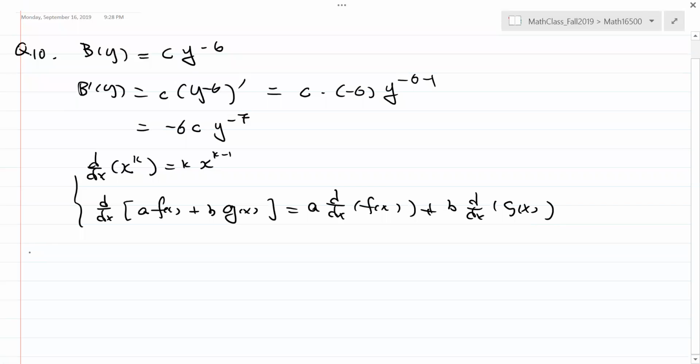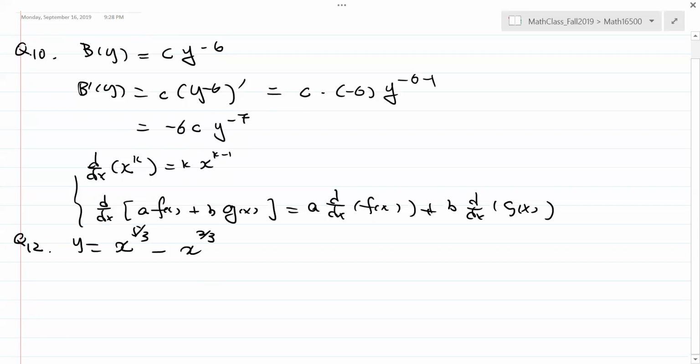Now, then to problem number 12. Yeah, let's finish all of them, right? y equals x to the 5 over 3 minus x to the 2 over 3. We want to find the derivative function. Now, this is a sum of two power functions.